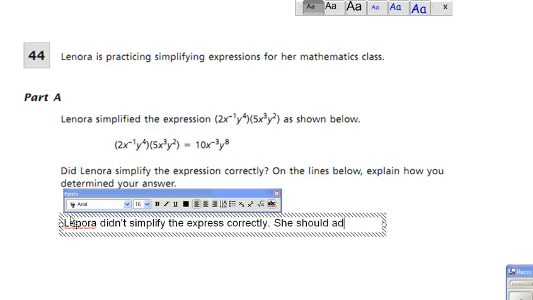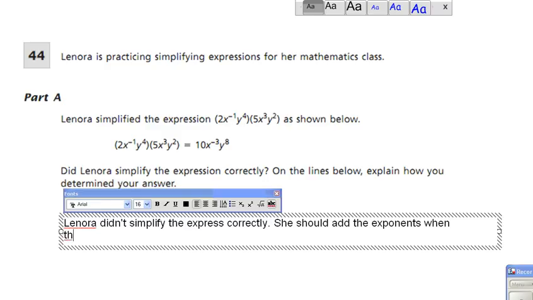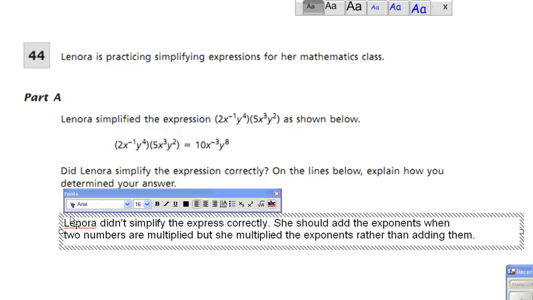She should add the exponents when 2 numbers are multiplied, but she multiplied the exponents rather than adding. Now, that's what you would have done.